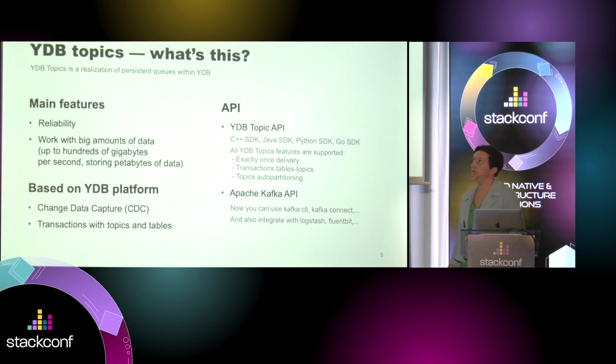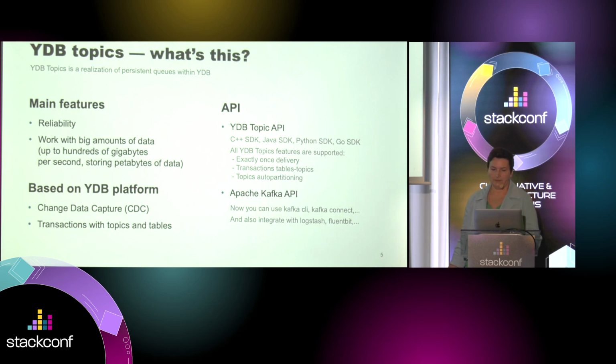How can you work with YDB topics? First of all, we have our own YDB topic API, and we provide an SDK for this API in many languages. The YDB topic API supports all YDB topics features. For example, exactly once delivery, our main topic today, transactions with tables and topics, and others.